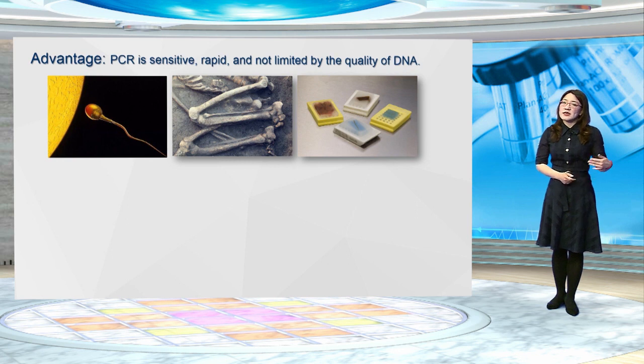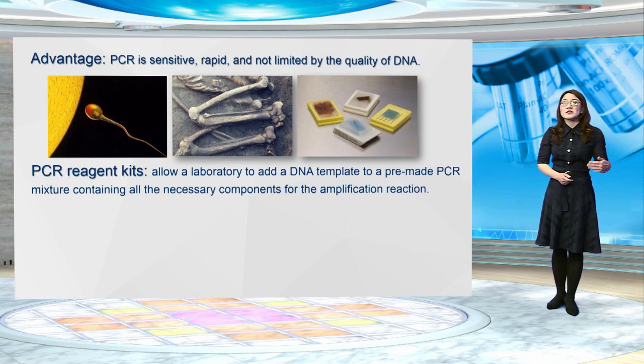The method is extremely robust, in that it works with very small amounts of DNA, even if the DNA is badly degraded. For example, a single cell and biological samples that were dried, mummified, buried, or stored in paraffin blocks. PCR has been simplified in recent years by reagent kits that allow a forensic DNA laboratory to simply add the DNA template to a pre-made PCR mixture.